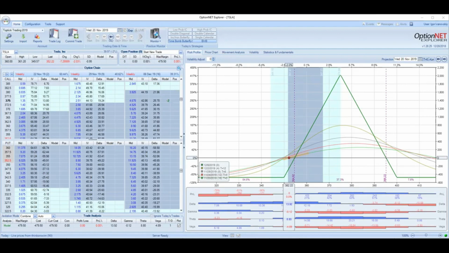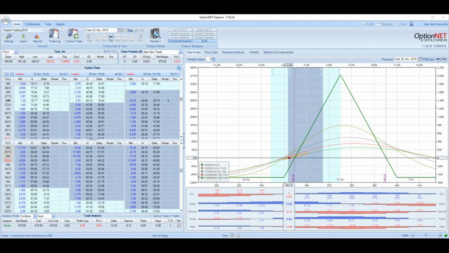Is there an argument when to use what? And I think this is a very good question, and maybe this question is a topic that we can debate and look at the difference between broken wing versus balanced butterflies. But I don't really want to get into broken wing butterflies, because by breaking the wings, we are expressing our directional bias.